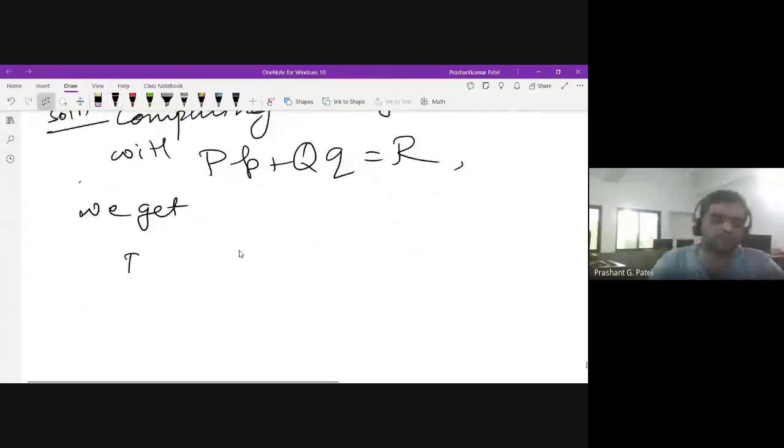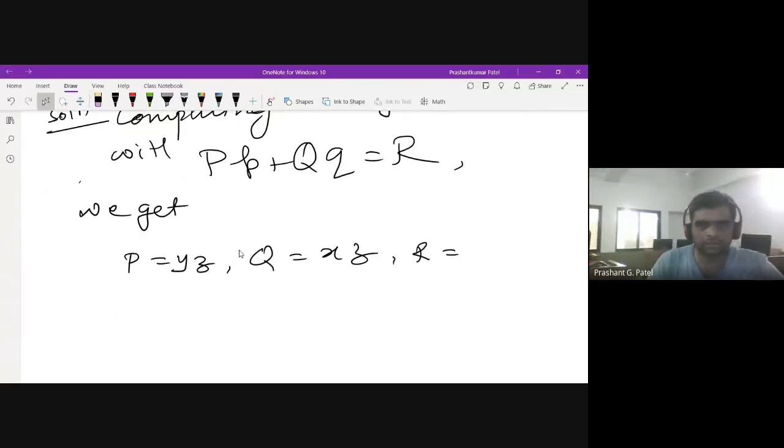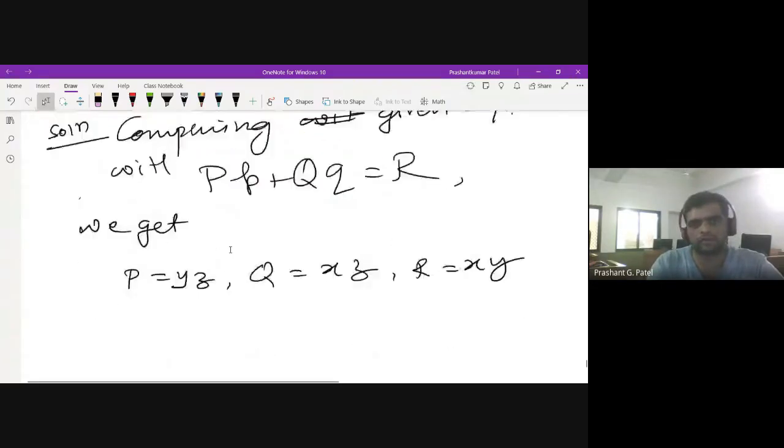So we get P equal to yz, Q equal to xz, and R equal to xy. You just check. That is what we have.